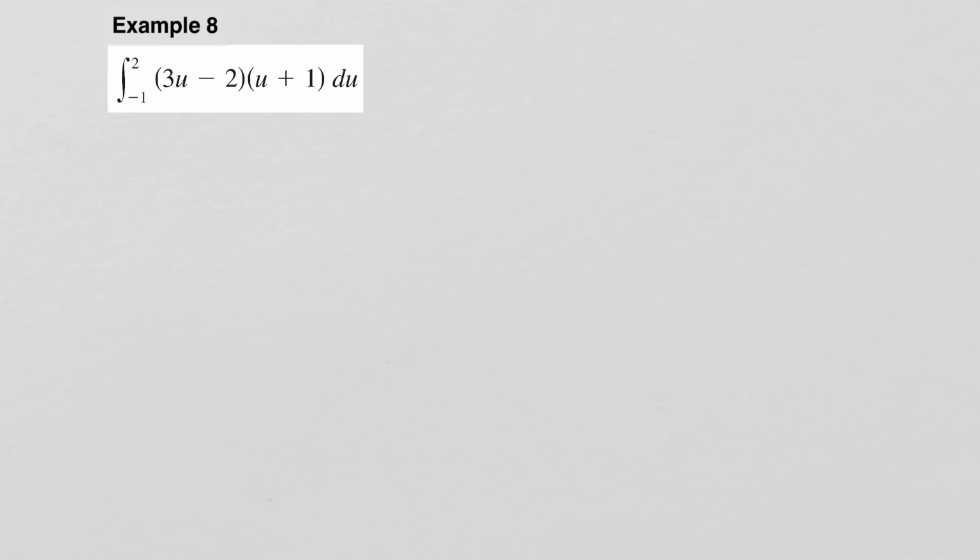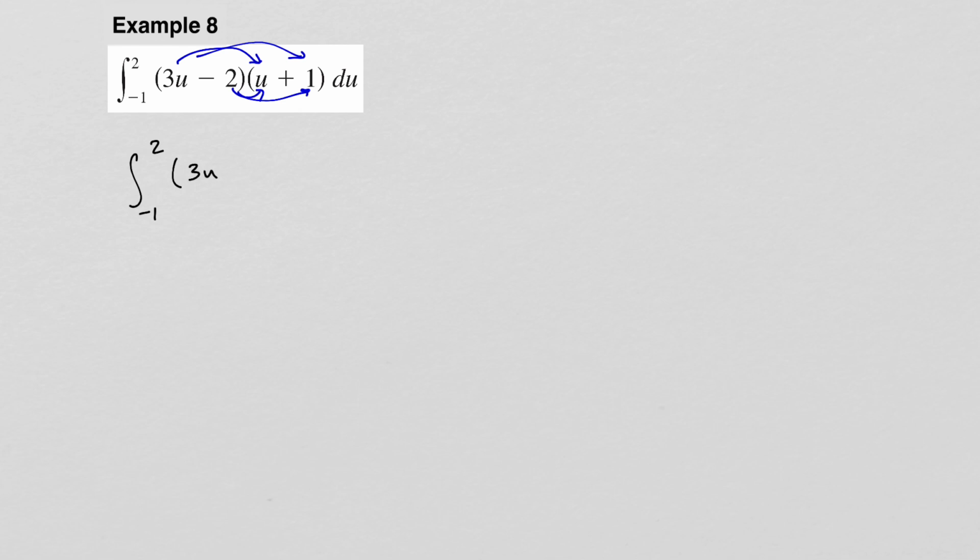In our next example, we have to do a little bit of algebraic simplification before we can find the antiderivative here. So 3u minus 2 multiplied by u plus 1, we can multiply this out before we take the antiderivative. And it's not just that we can do that, we must do that.